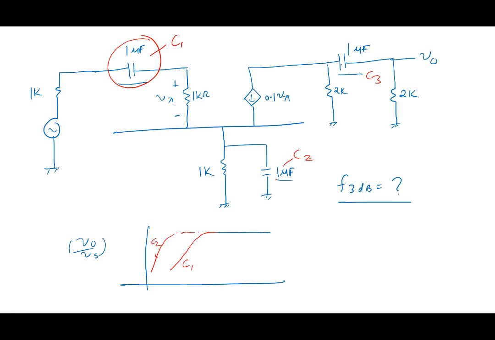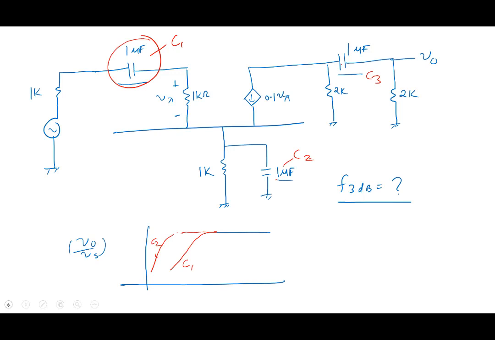Suppose C2 was not there, then C1 will cause this. In the other case, C2 is there but C1 is not there. Not there means the capacitor is not in the circuit, in which case it is a short.